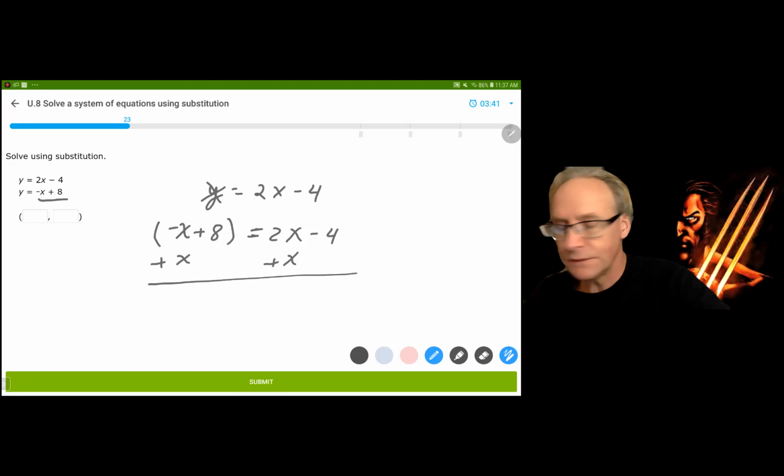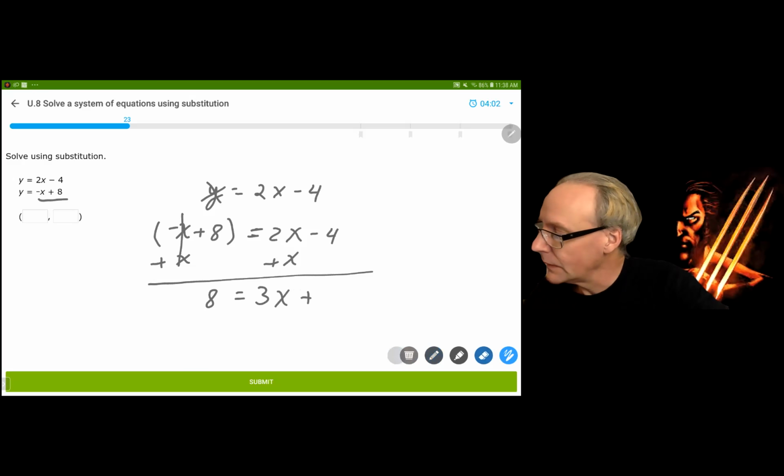I'm allowed to do this because of the addition property of equality. And -x plus x is 0. I still have the 8, and that is equal to 3x. Be careful. 2 x's plus 1 more x, 2 boxes plus 1 more box makes 3 boxes. Oh, that's -4. I'm going to leave it like this.